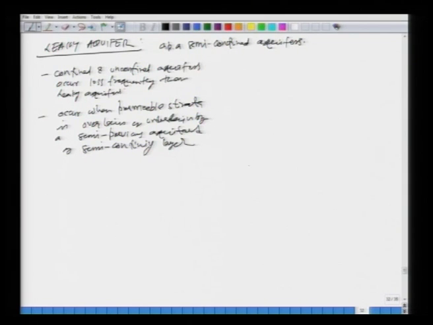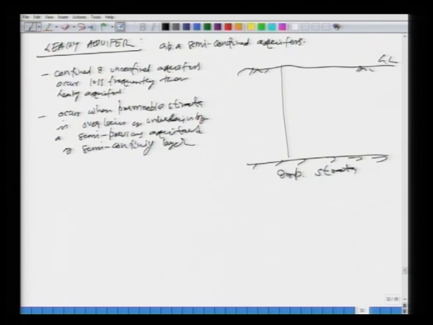So, you have, let us say, this is your impervious strata down at the bottom, and then this is your ground level. Let us say you have a well very deep inside this confining layer, and then there is a semi confining layer.